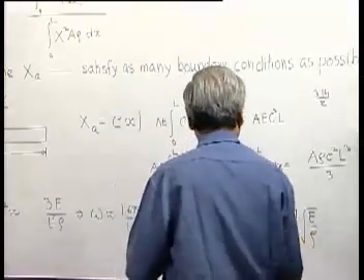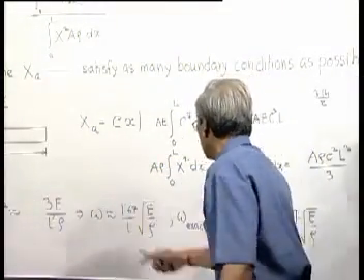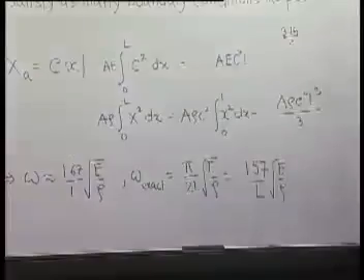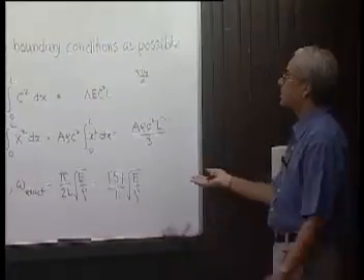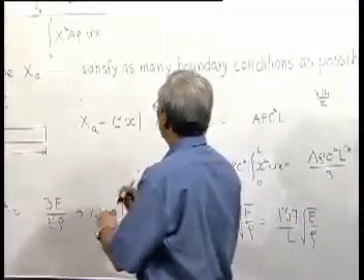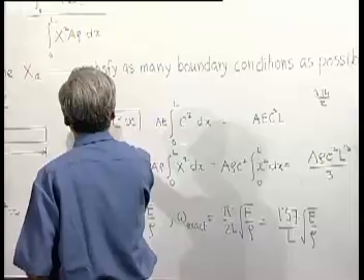So you see, it is reasonably close. The difference is only 0.1, maybe just 10%, not even 10%, less than that, with such a crude approximation, satisfying only one boundary condition.